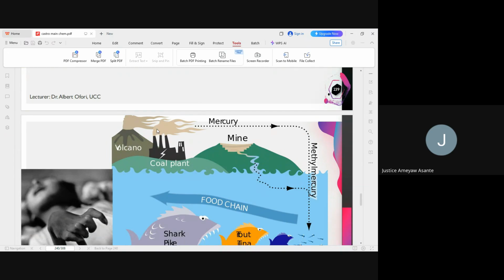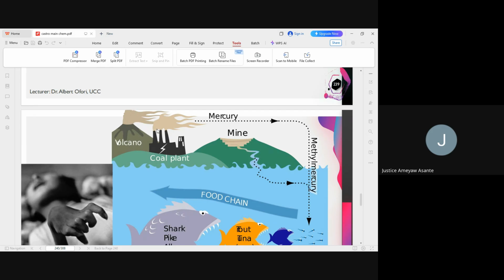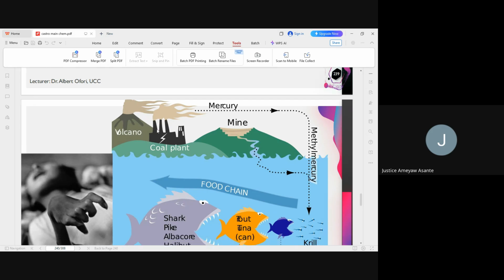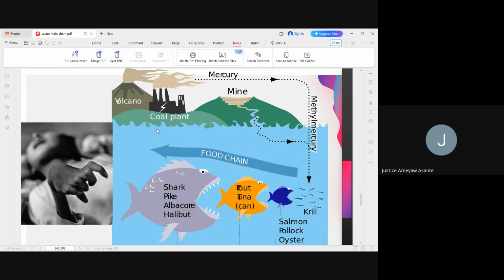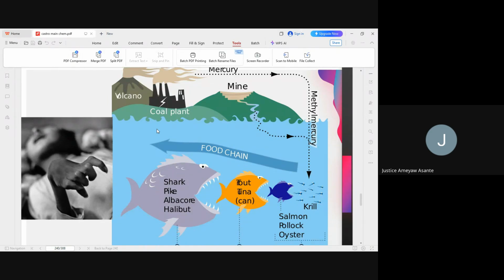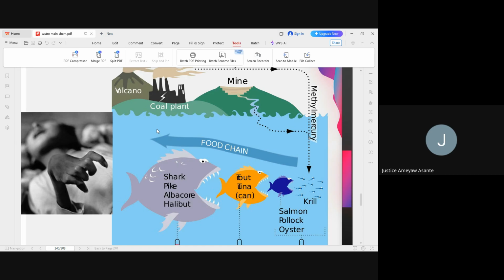Coal plants also release mercury. Marine water releases mercury. Then volcanic eruptions also release mercury into the sea. Then small fish get them into their system. Whales, then salmon, pollock, and oysters also take them.